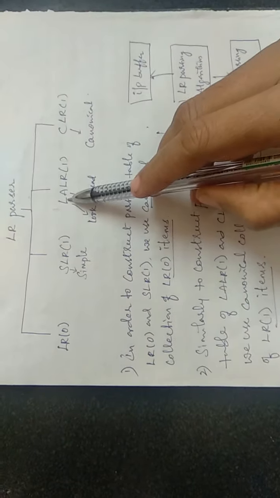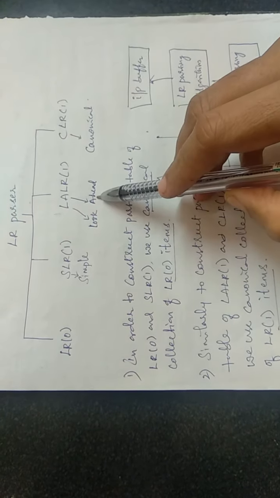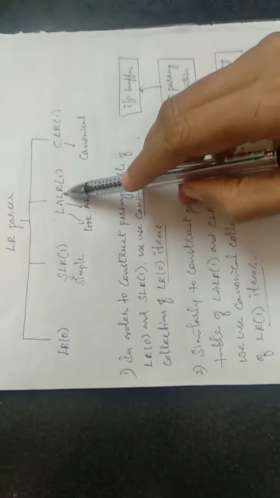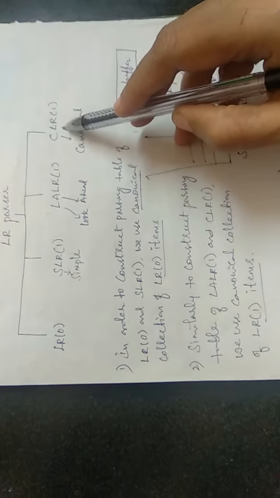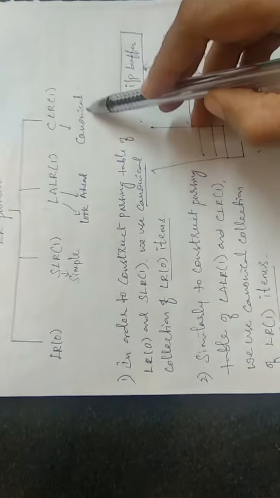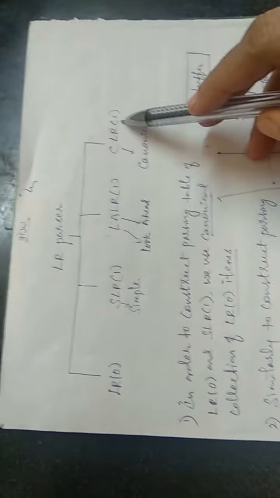Here in SLR, S stands for simple LR parser, and in LALR, L stands for look, A stands for ahead, that is look ahead LR parser, and in the last one, C stands for canonical LR parser.